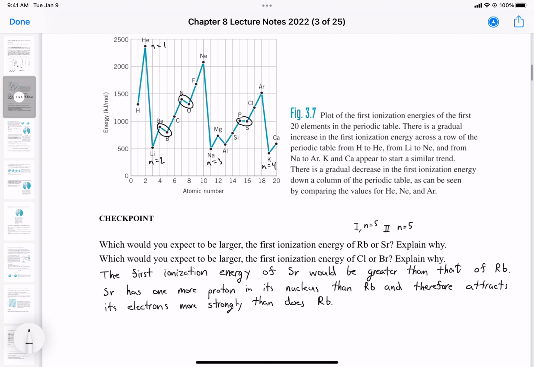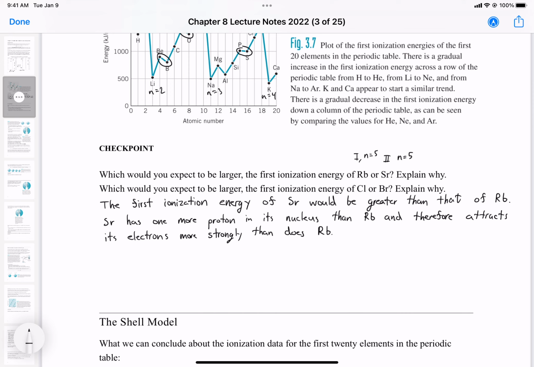And again, we don't see a deviation from the trend going from rubidium to strontium, and that's because s orbitals tend to be closer to the nucleus, so they're more attracted to the nucleus. Pairing up electrons in an orbital doesn't have a great effect in an s orbital, because the spherical orbitals are situated closer to the nucleus.